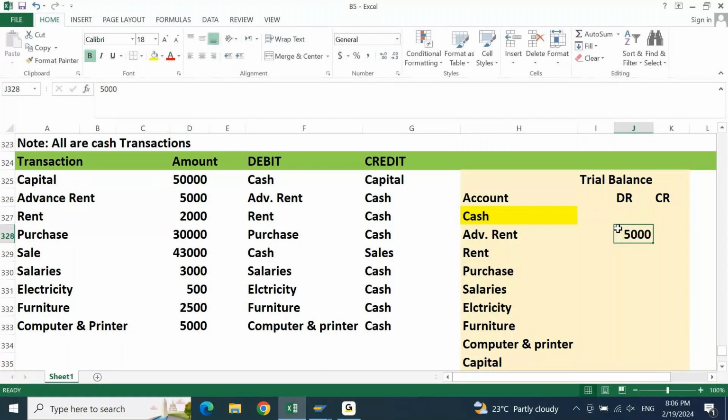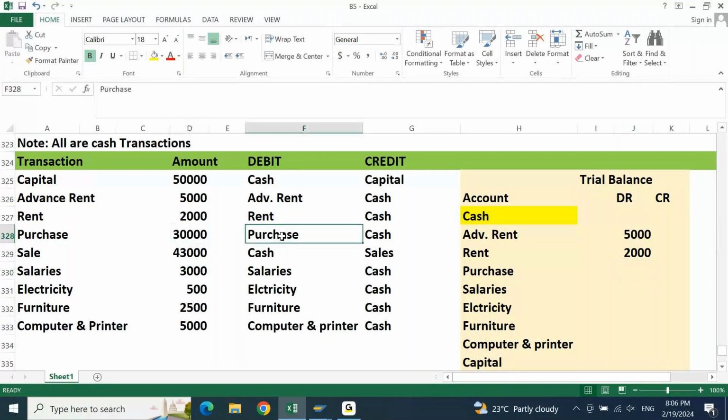Let me put 5,000 here. After this, next account is rent. Come to here, rent. Where do you find rent? Rent is here, appearing on the debit side. If rent is on the debit side, even in trial balance it will be on the debit side. Put rent 2,000 on the debit side here. Next one, purchases. Purchases is here, 30,000.